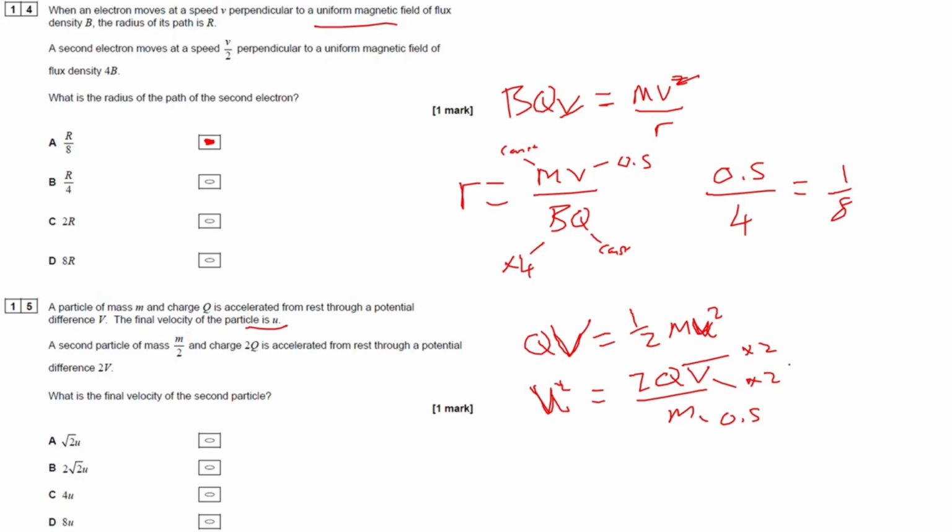So what I'm left with is 2 times 2 on the numerator divided by 0.5, and that gives me 8. So u squared goes up by a factor of 8. That means if I square root, u goes up by a factor of root 8. That's the same as 2 root 2 if you do root 8 in your calculator. So that means it's B as the answer.